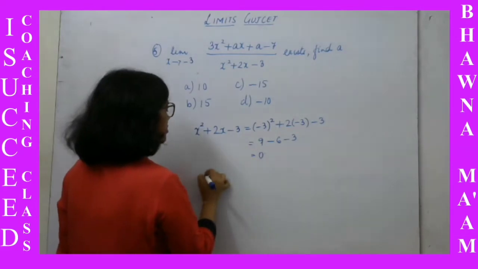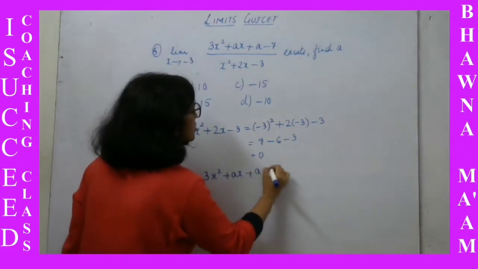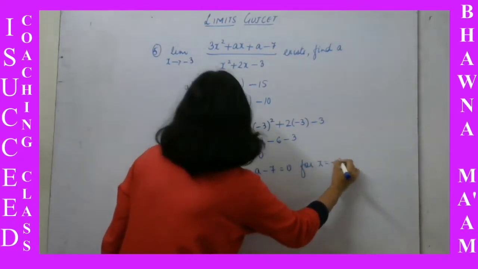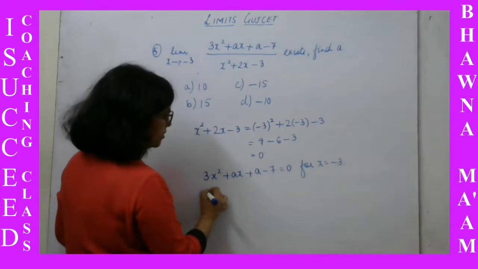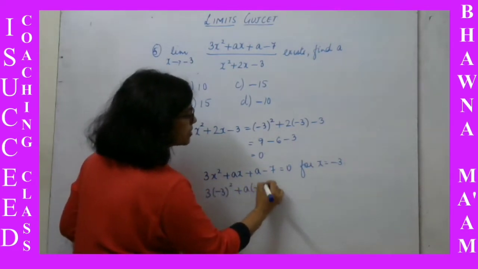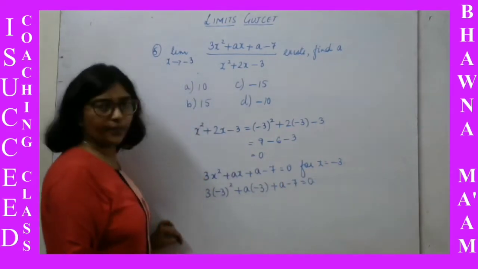And therefore, the numerator will be 0 when we substitute for x equal to minus 3. So let's put minus 3 here, plus a into minus 3 plus a minus 7, and get the value of a.